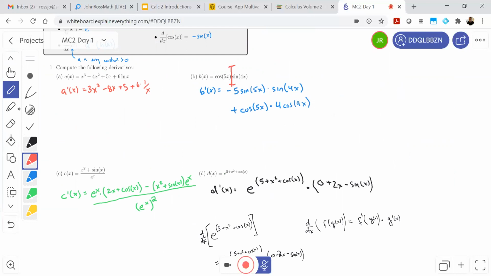There's the cosine piece times the sine piece. But when you go to take the derivative of each individual piece, this isn't just cosine of x, this is cosine of 5x, sine of 4x. And so there's something challenging happening here. I would say double check and make sure that you're happy with that answer. And if not, this is something that we can talk about in office hours or in class next time.